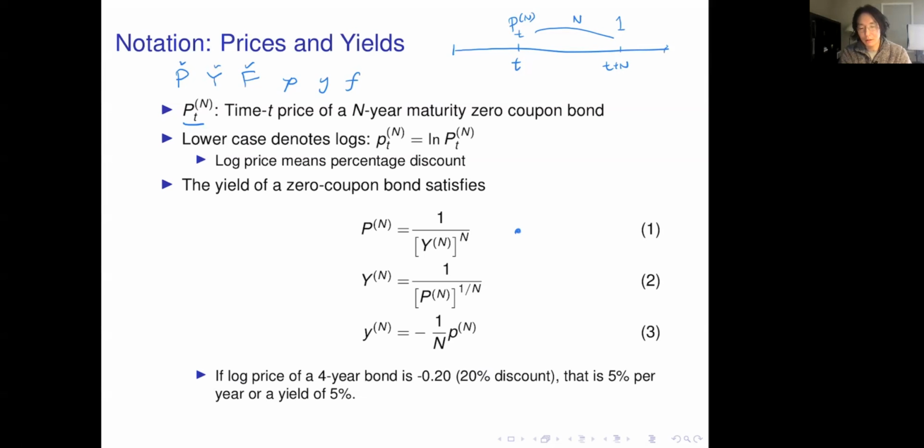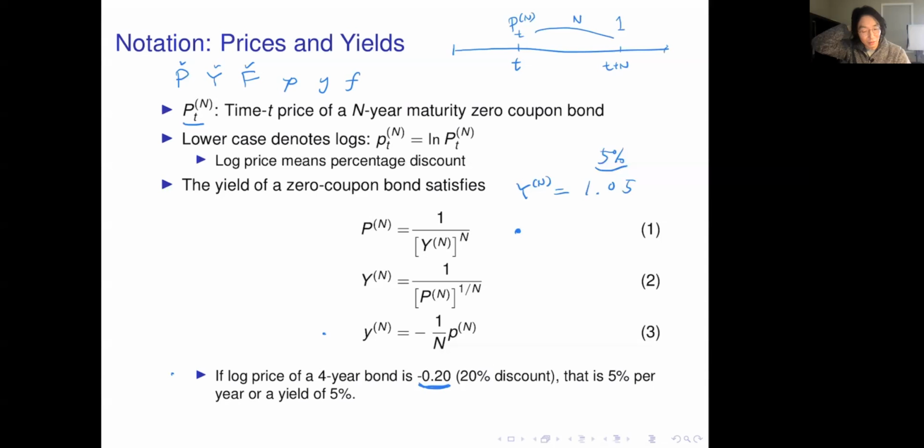Okay, so the yield of the annual bond can be like 1.05, or in a net number, 5%. And if you take the log of it, then you get the price and the yield relationship like this. The log price has the following property. So if the log price of a 4-year bond is, say, -20, log prices tend to be negative numbers.